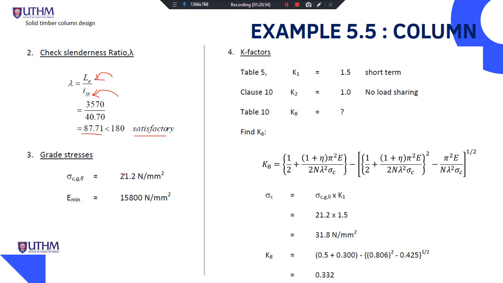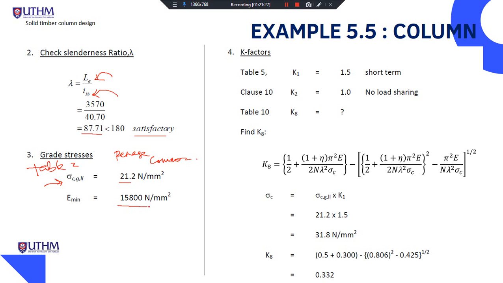Next is the grade stresses. Our grade stresses are from table 2, because our moisture content here is 16%, and the compression parallel to grain is 21.1 based on the Penaga species and common grade.